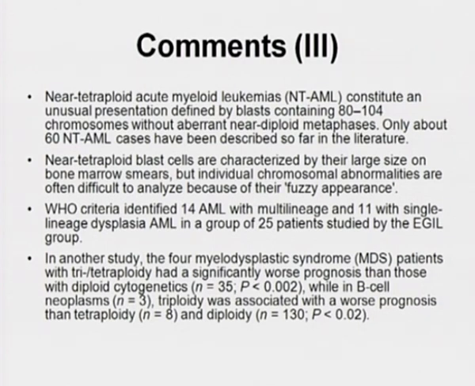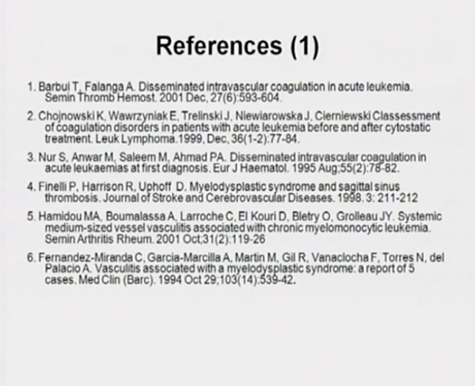While in another study, MDS patients with near tetraploidy had a significantly worse prognosis than those patients presenting with diploid cytogenetics. In B-cell neoplasm, triploidy was associated with a worse prognosis than tetraploid and diploid. These are the data now presented in the literature.